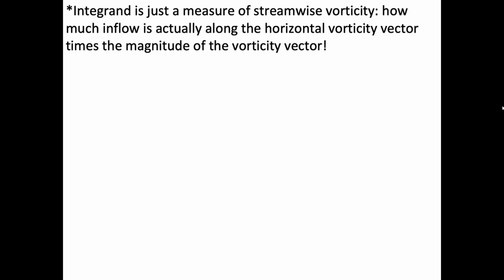Well, that integrand that we just talked about is just a measure of the streamwise vorticity: how much inflow is actually along the horizontal vorticity vector times the magnitude of the vorticity vector.